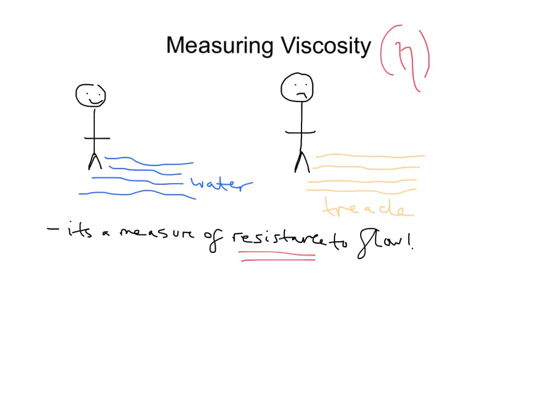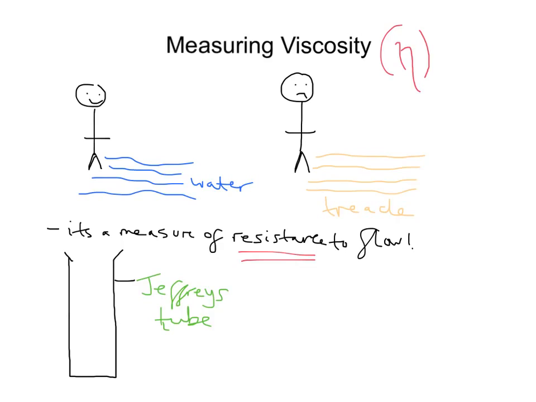Now you can measure this, you can calculate values for viscosity very easily within a lab. So we've got a piece of equipment here. It looks like a typical measuring cylinder used in the lab, but this one has a particular special name. This one is called the Jeffreys tube. So we'll just label that here. This is our Jeffreys tube.